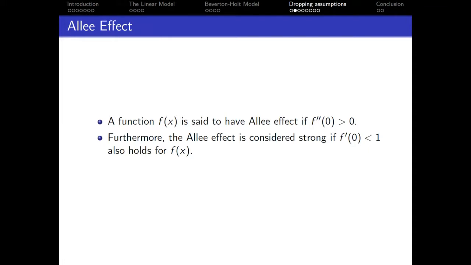A function f of x is said to have Allee effect if f double prime of 0 is greater than 0. Furthermore, the Allee effect is considered to be strong if f prime of 0 is less than 1.